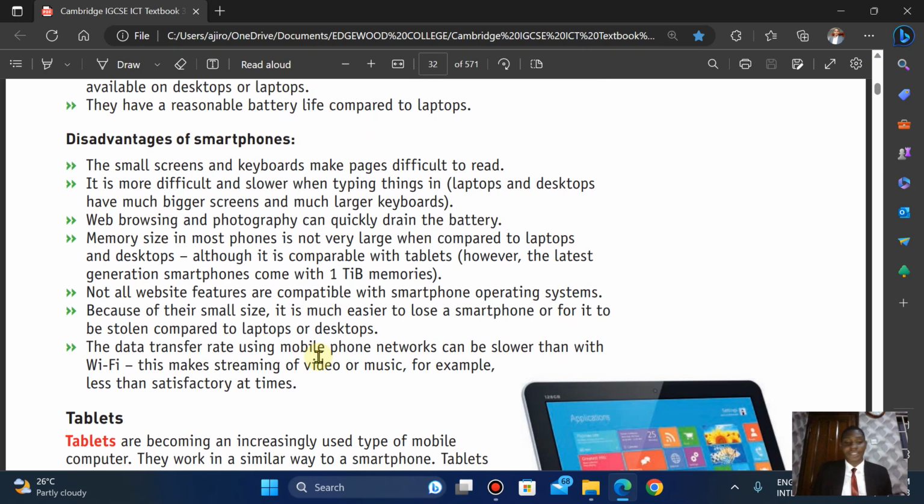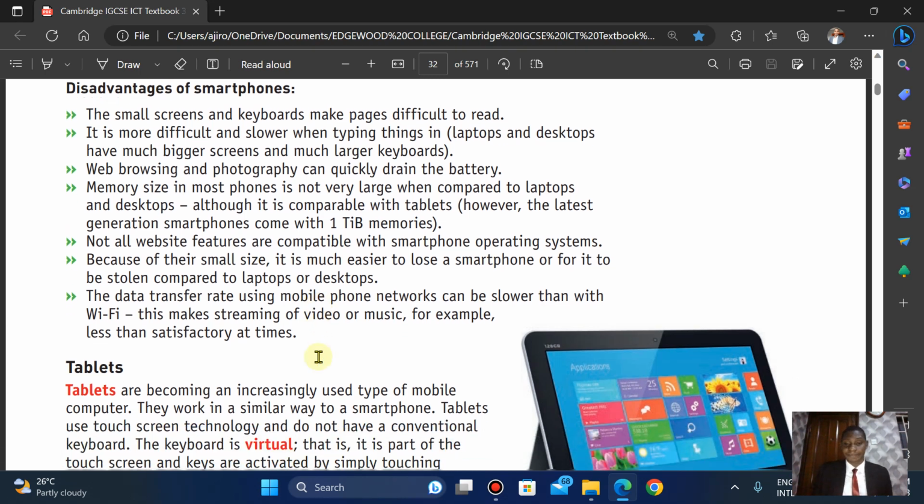We've had cases of people stealing phones, crazy, but it's true. Data transfer rate using a mobile phone network can be slower than with Wi-Fi. So this makes streaming of videos and music, right, less than satisfactory at times because of the data transfer rate when using mobile devices.